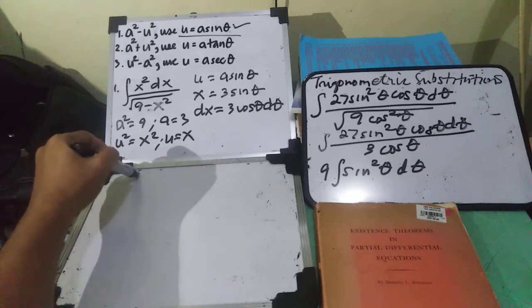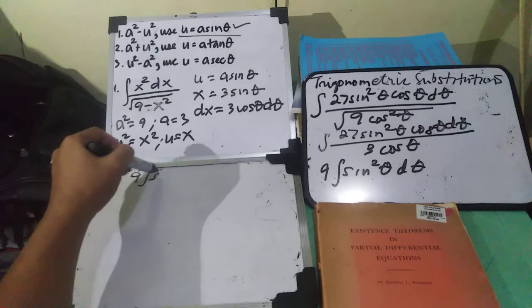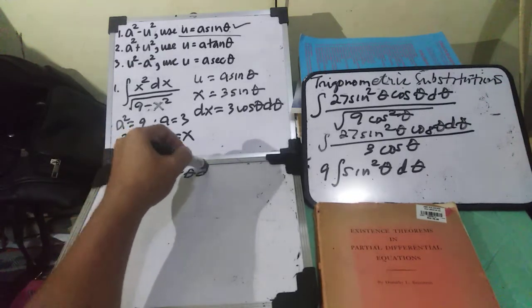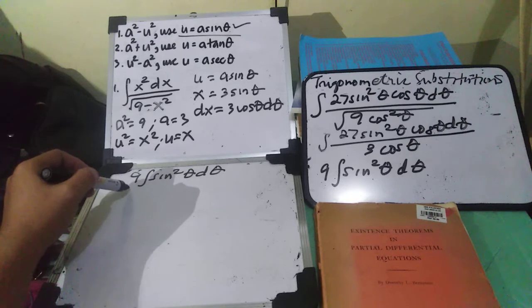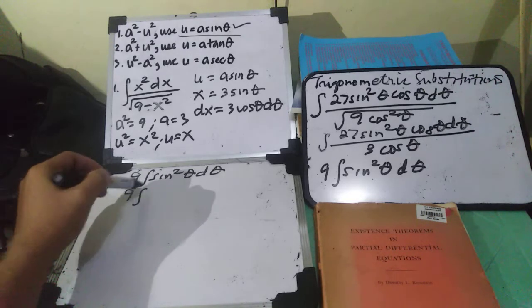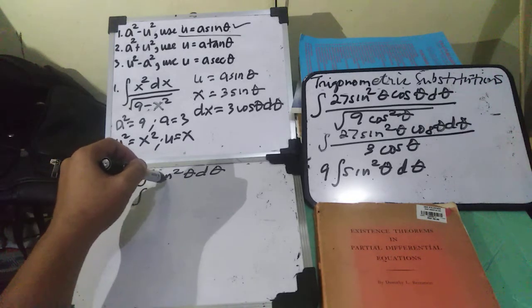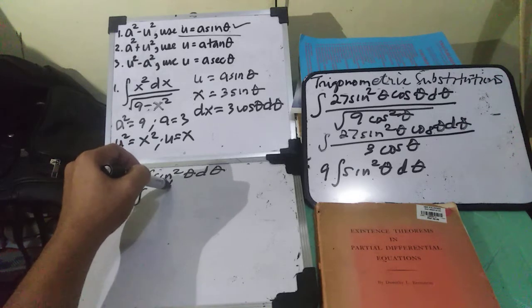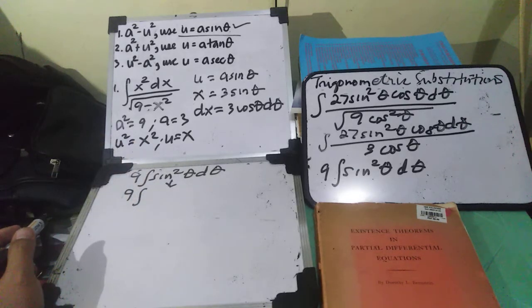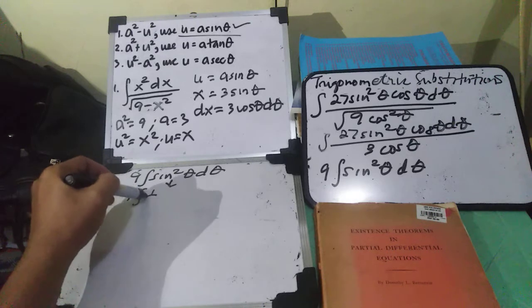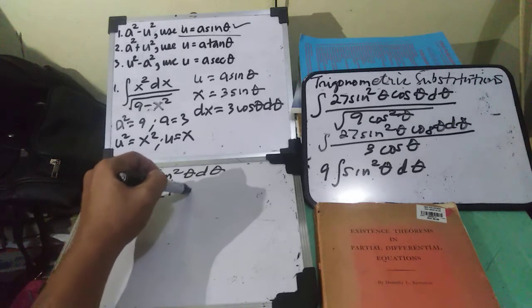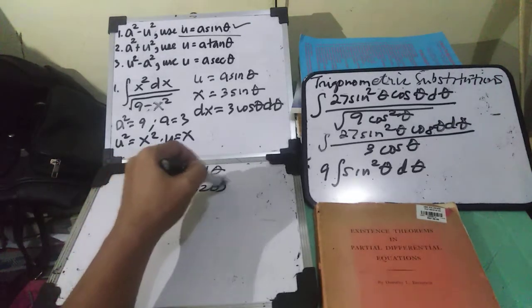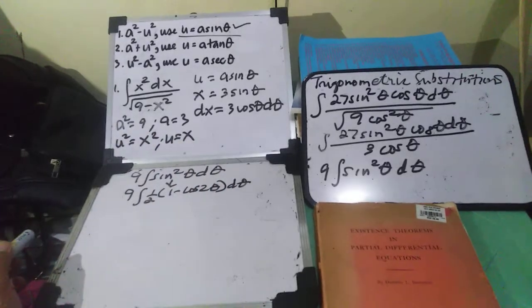Then getting the integral of sine squared theta d theta, this is a trigonometric transformation, wherein we will use the corresponding identity of sine squared theta, which is equal to 1/2 times 1 minus cosine 2 theta.